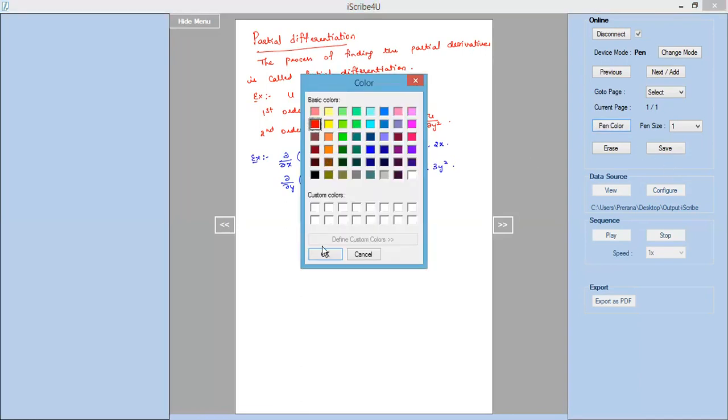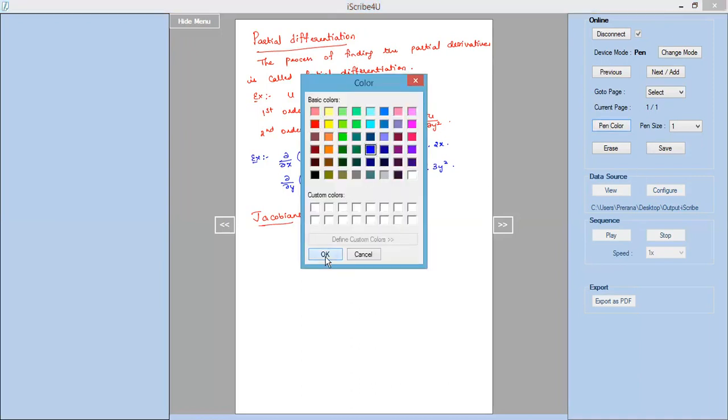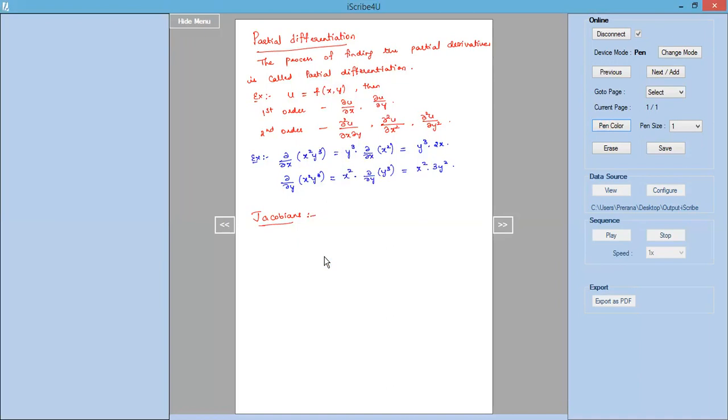Now we will understand Jacobians. Suppose we write down two dependent functions, say u and v.